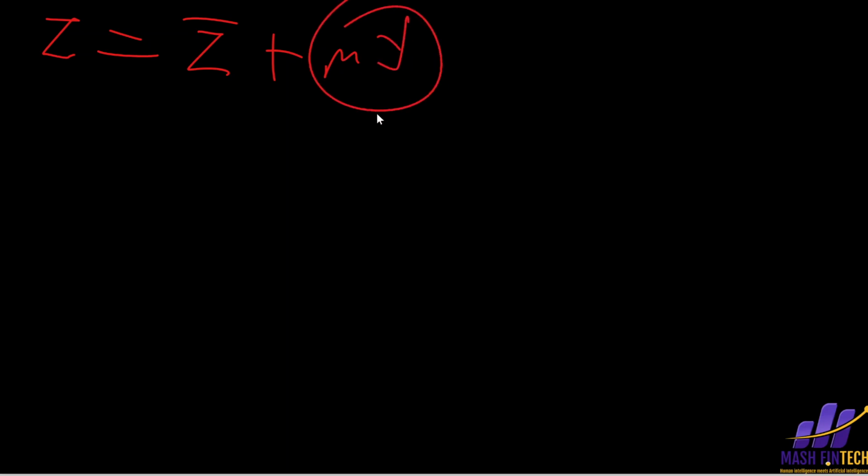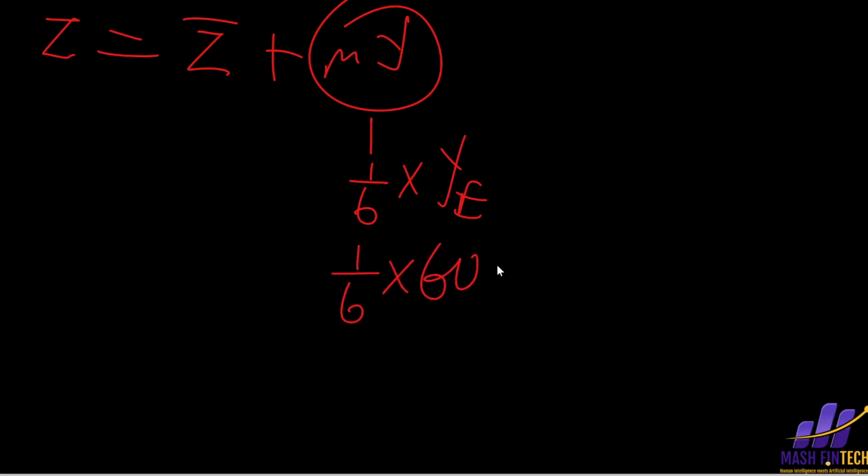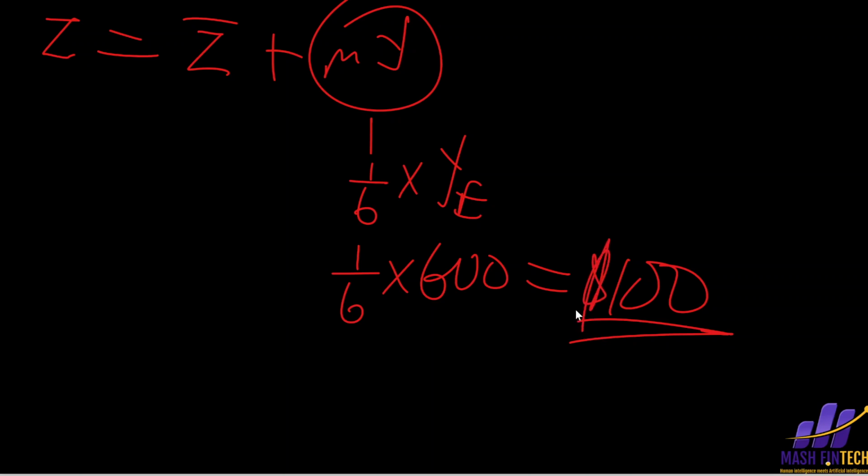We said our imports are the autonomous part plus the induced part. This induced part was given by 1/6 times y. Our equilibrium y is 600, so it's 1/6 times 600. So the induced imports are equal to 600 times 1/6, which is 100. This is the answer for the induced imports.